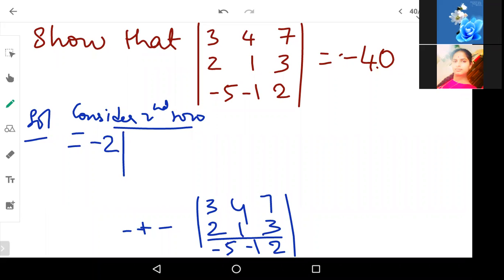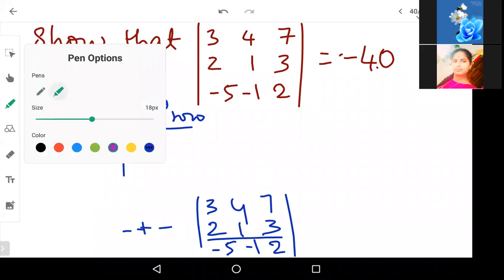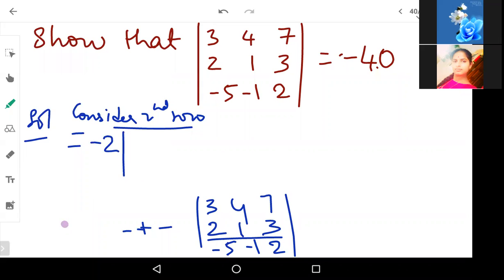Now minus 2, and how do I find the minor? Since I am taking the second row, I will delete the second row and I will delete the first column. Why will I delete the first column? Because 2 is part of the first column as well as the second row.